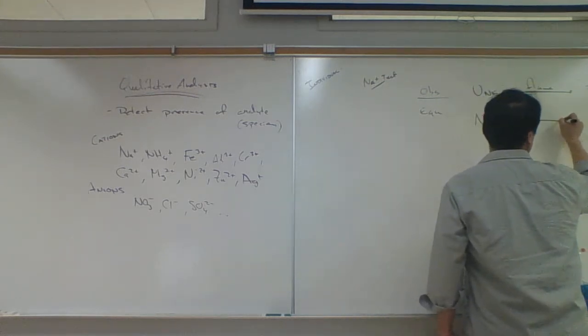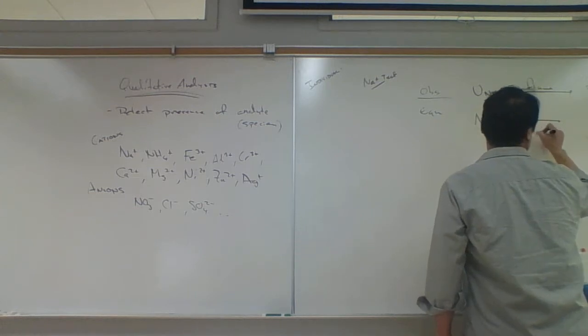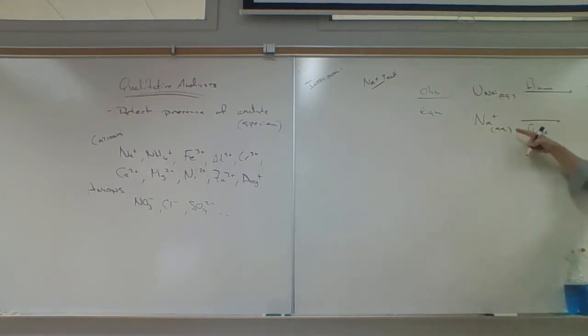When I introduce this into the flame, what happens is this: the sodium ions become vaporized, and we form sodium ions in the gaseous state. Now, a flame is what we call plasma. In a plasma, there's so much energy, because the temperature is so high, there's so much kinetic energy that there are violent collisions in the flame.